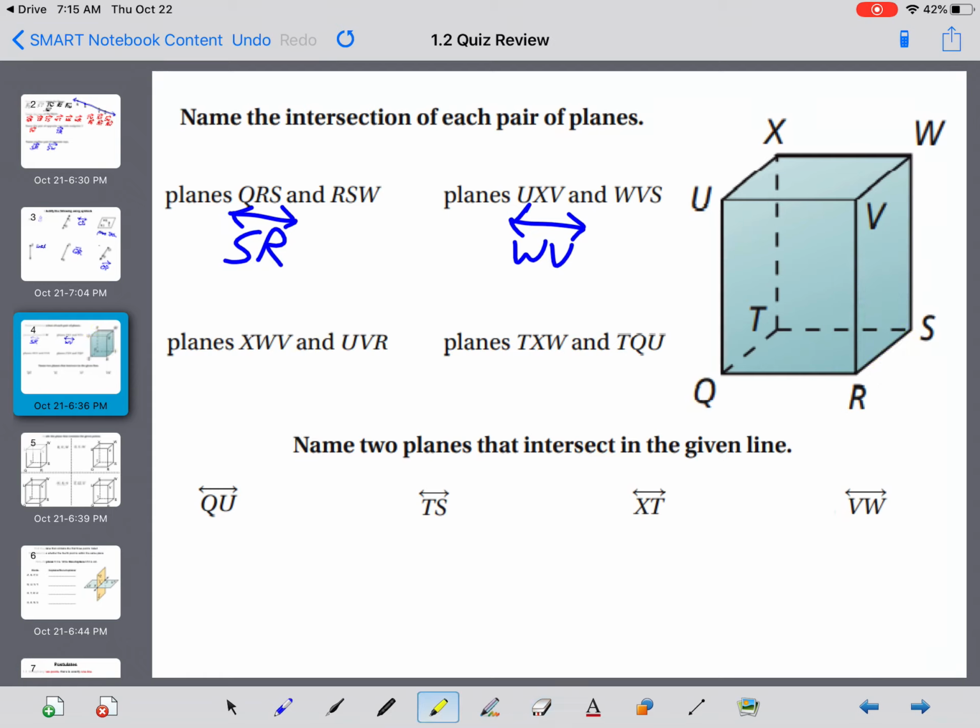Plane XWV. XWV is your roof. UVR is the front. And if you look, these planes intersect on line UV.